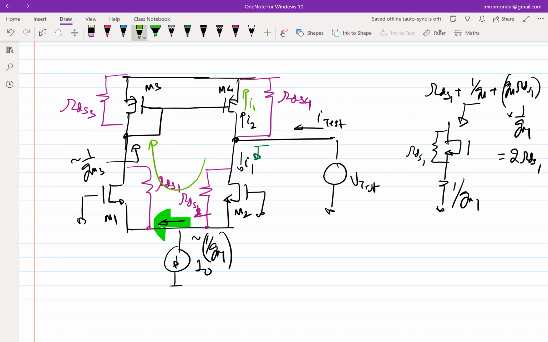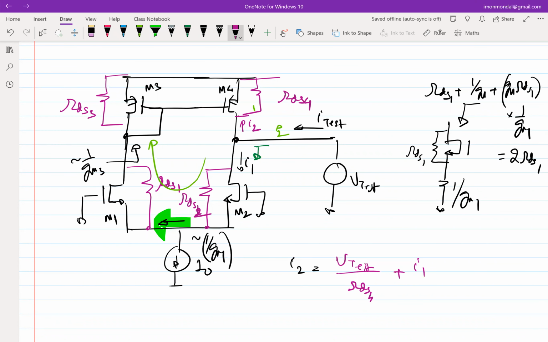Correct? So the current going on top is not only the current going into RDS4, it will be also the current due to the GM effect of M4. Correct? So essentially, what is I2 now? Let me sketch it in such a way that I2 is the combined current. So I2 is essentially V test over RDS4, which is the obvious one, plus I1.